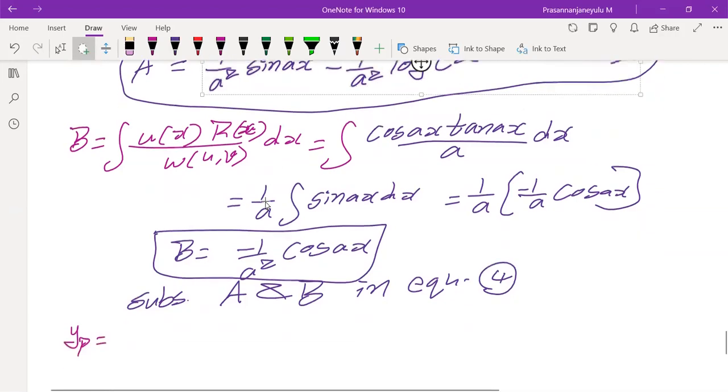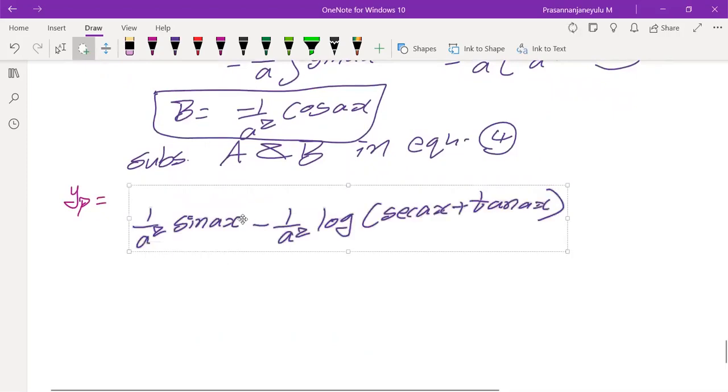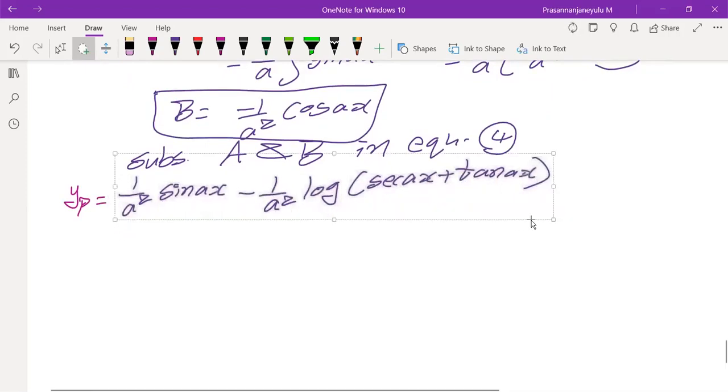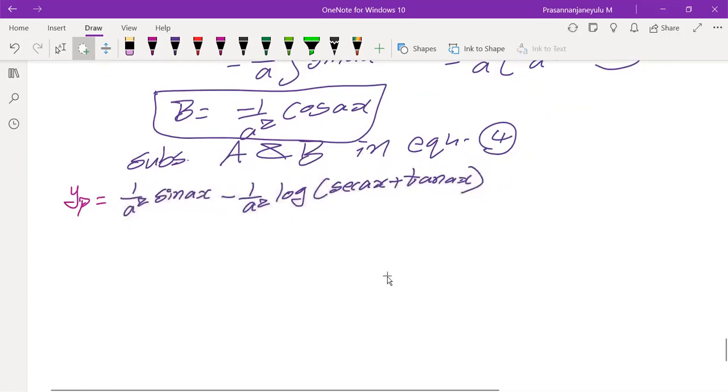So this is the thing, 1 by a into u of x. What is u of x? u of x is nothing but cos ax, into cos ax, plus b into, what is b?